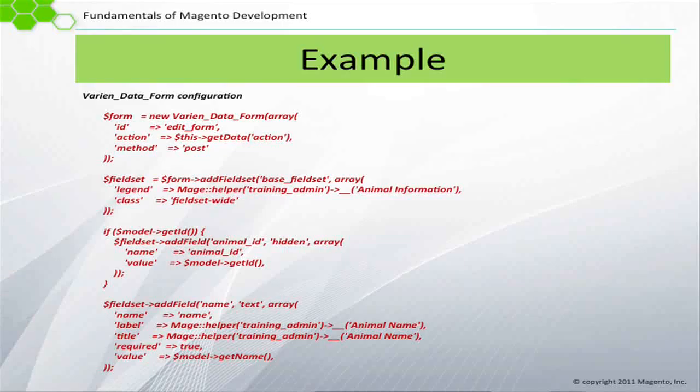And down here we're adding another field called name, the name of which will be name. And for the label and title, we're using our translate to translate the string. However, now we no longer have to use the Mage class to do this.